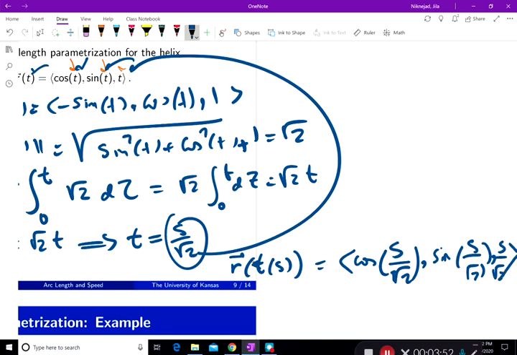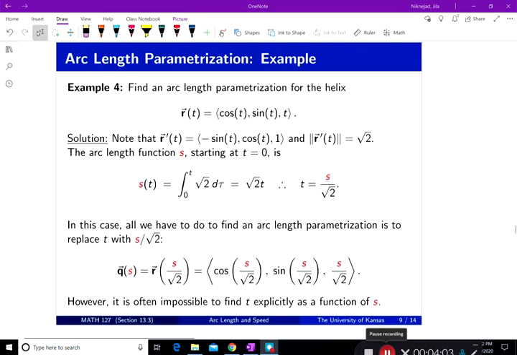And you can call this q of s, or you can name it however you want. So we solved this problem, and it actually came out very nicely.